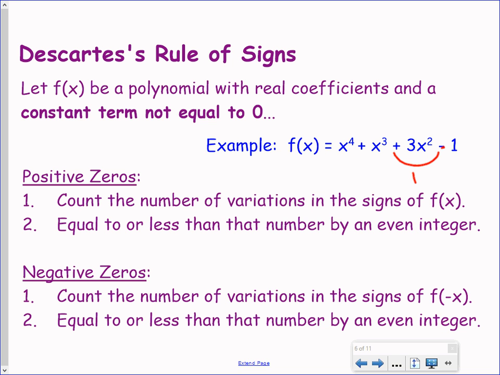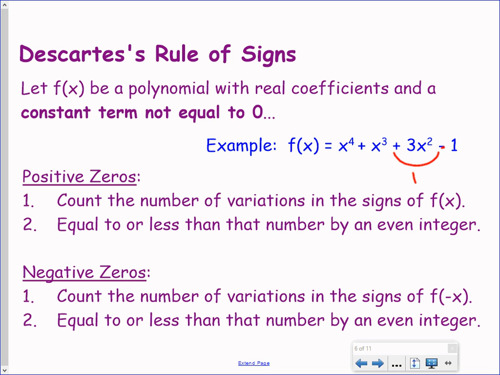The number of positive zeros is equal to that value, the number of sign changes, or less than that by an even integer. So an even integer is the integer 2. If you take 1 minus 2, do you get something that makes sense here? Could you have negative 1 positive zeros?